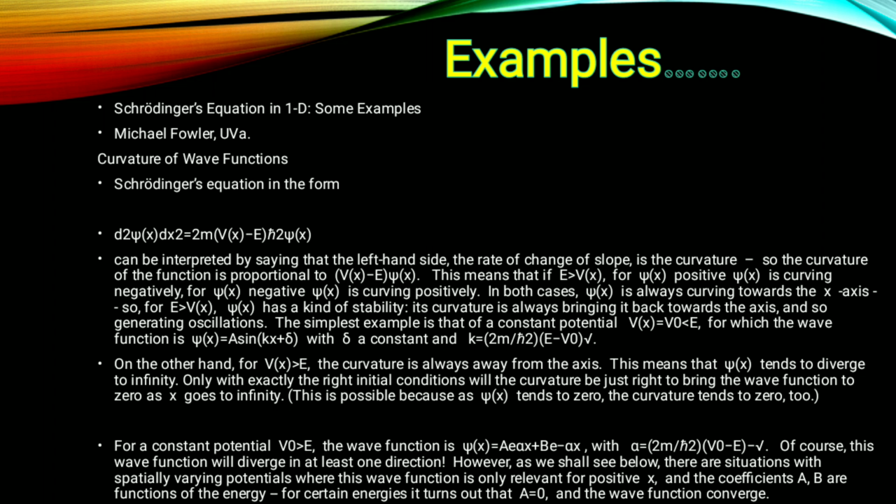However, as we shall see below, there are situations with spatially varying potentials where this wave function is only relevant for positive x, and the coefficients a, b are functions of the energy. For certain energies, it turns out that a equals 0 and the wave function converges.